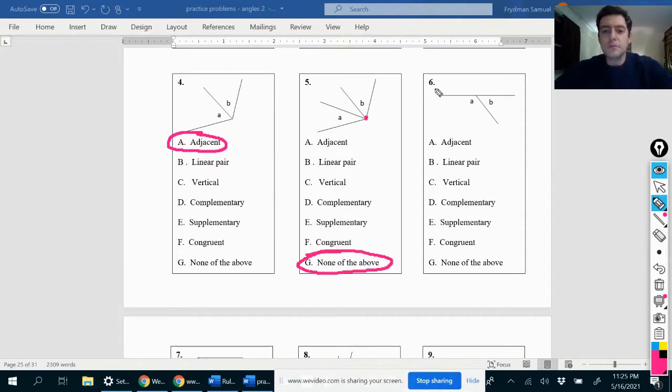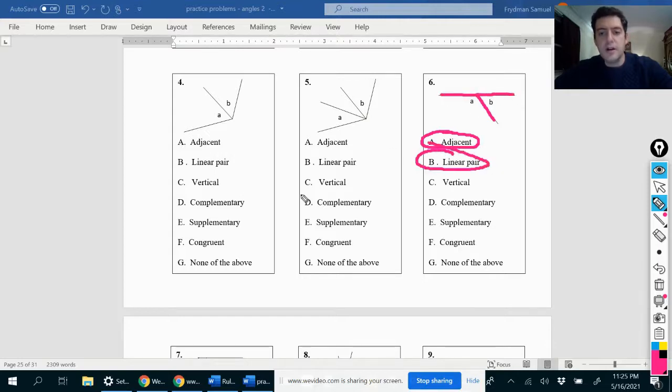And then finally, for the last problem, these share a common side and a common vertex. They are adjacent. They also make a straight line together, so they're a linear pair. They are not vertical. They're not complementary, but any pair of angles that's a linear pair must be supplementary because together they make 180 degrees.